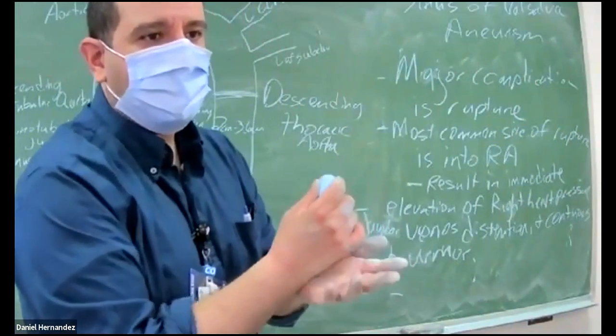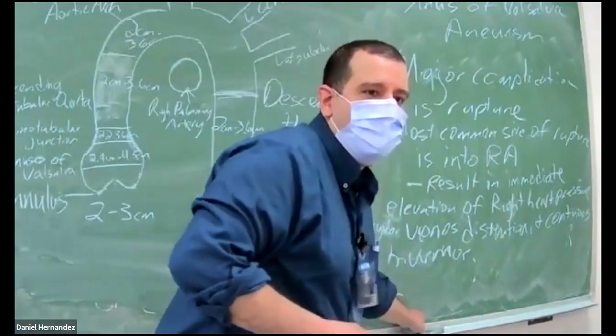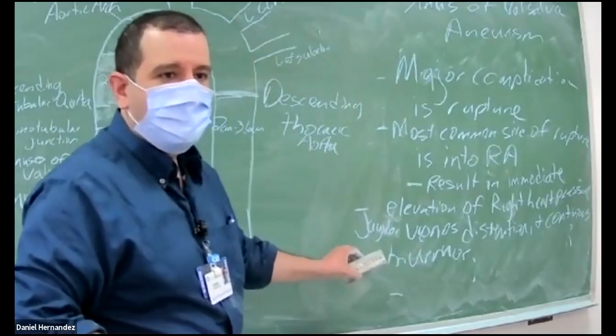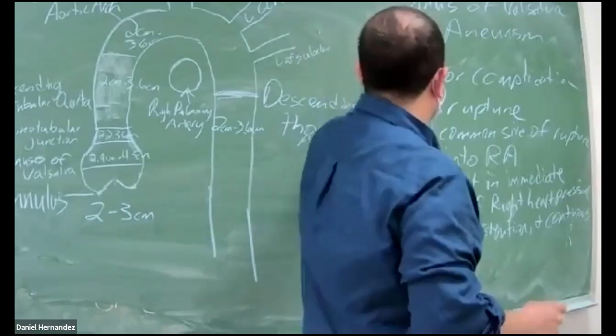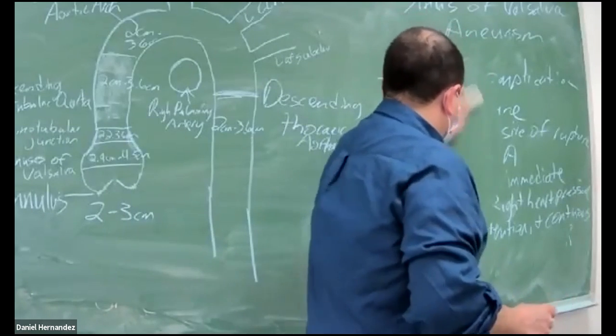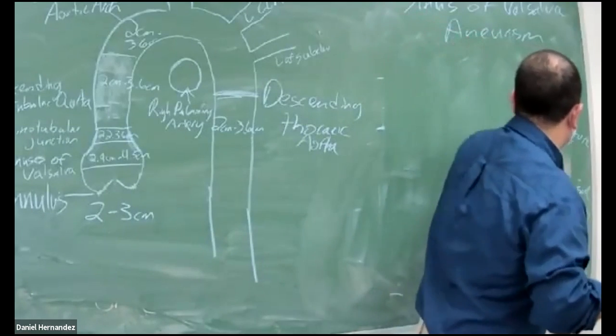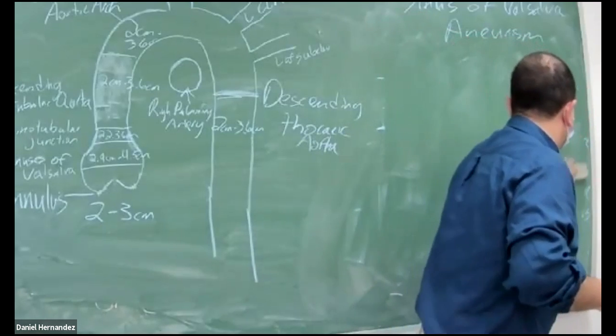So other complications of a sinus of Valsalva aneurysm include distortion of the normal anatomy, which results in poor coaptation of the aortic valve leaflets, resulting in insufficiency.